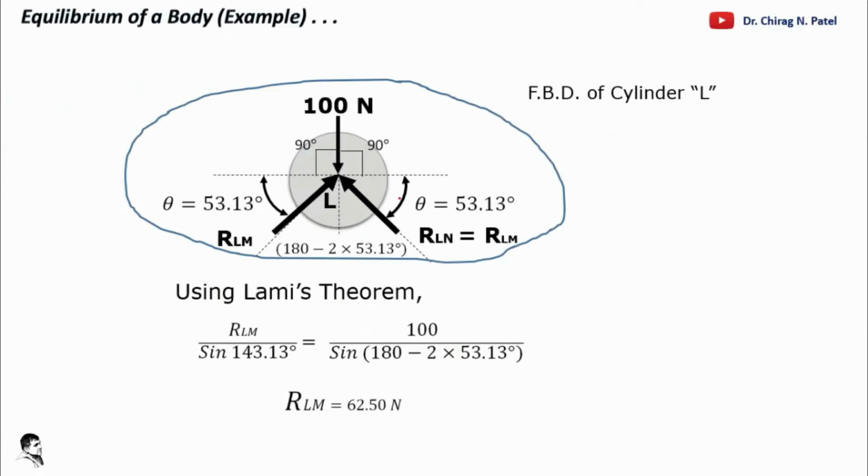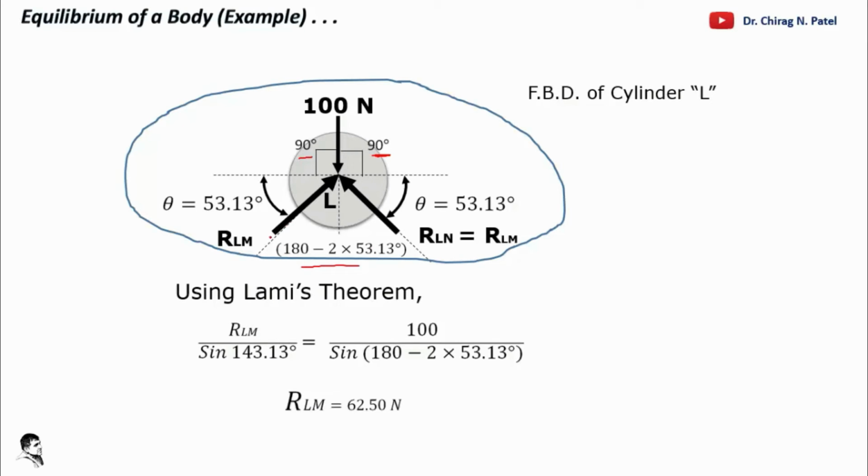So let us resolve that using this free body diagram. Here that is 90 degree, completely perpendicular, and if we remove 53.13 from both the sides, this angle is 180 minus 2 times 53.13 degree. So I think it is clear now.